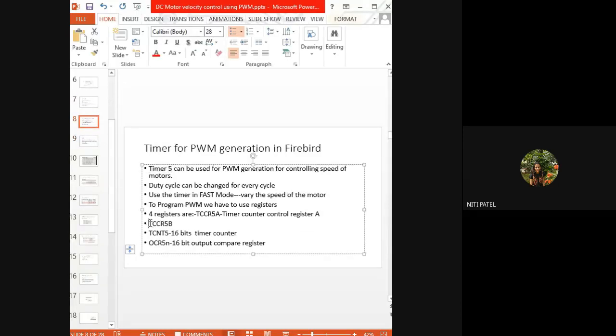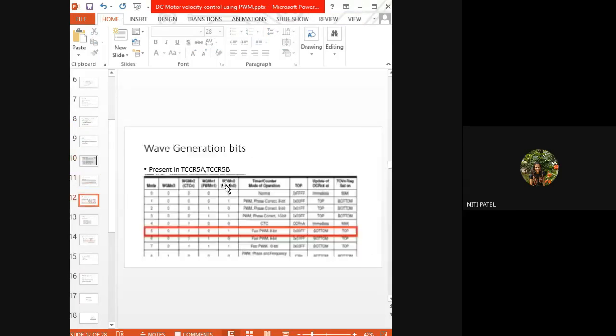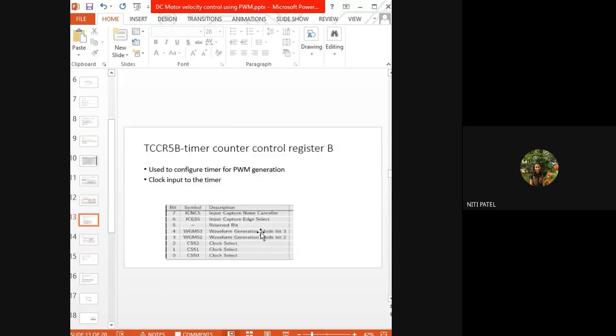Along with that I also require some registers, that is register A and register B. Since these registers are operating in different channels and to generate those waveforms in different channels, I have to first select the appropriate bits for the channel and then select the appropriate bits for the waveforms, which will indirectly turn the entire timer into the fast mode, which will help me to reduce or increase the speed or the velocity of my robot. Are you understanding? Yes, ma'am.